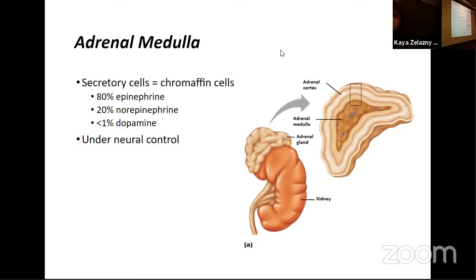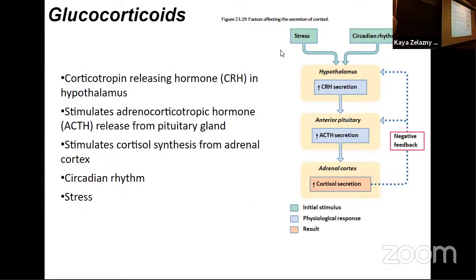Okay. So back to our glucocorticoids. So this is the main pathway, or one of the main pathways I want you to get from that section on the anterior pituitary, right? So our glucocorticoids start getting released in response to either stress or the circadian rhythm.